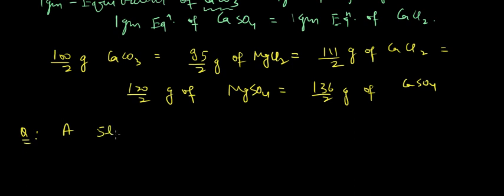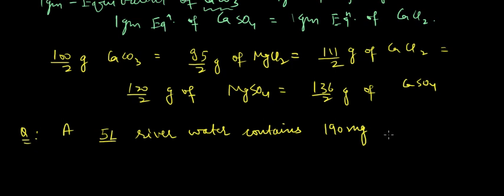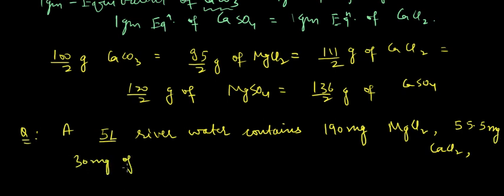Let's do a quick question on the same. Suppose a 5-liter river water sample, collected from a river, contains 190 mg MgCl2, 55.5 mg CaCl2 (this is mg, not grams; grams would be too much), 30 mg of MgSO4 and 68 mg CaSO4.